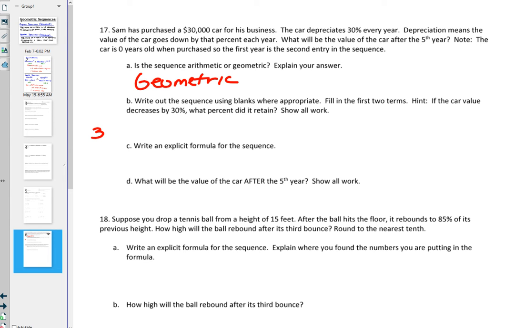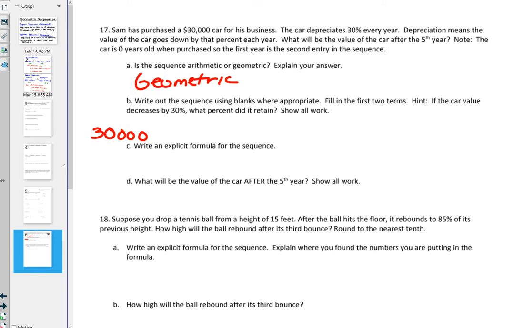Based on this sequence, what does the value of the car depend on? What changes that causes the value of the car to change? What other unit do you see here other than money? Time, years, right? They kind of alluded to this in the directions. The car was sold for 30,000, right?